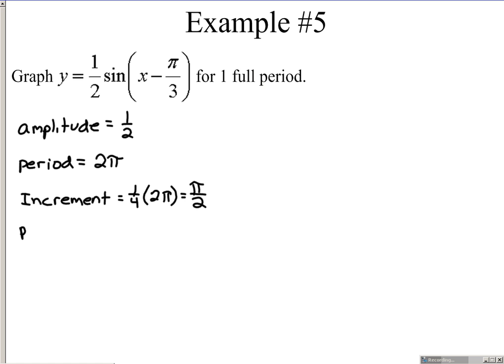Phase shift. Phase shift, remember, is the starting point of the graph. I find the phase shift by taking the entire angle expression, setting it equal to 0, and we get our phase shift is going to be at positive pi over 3.